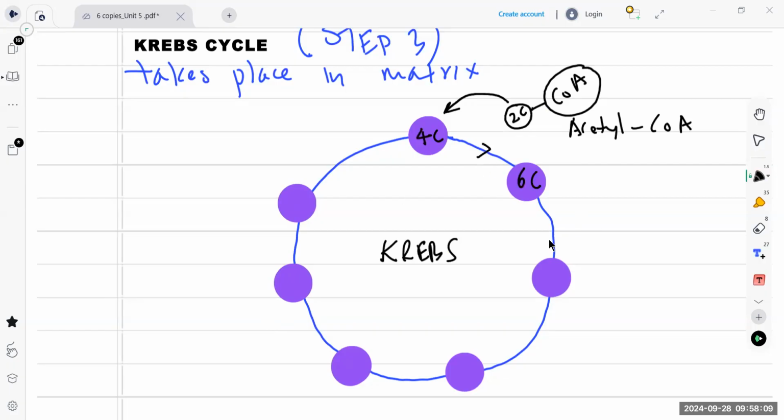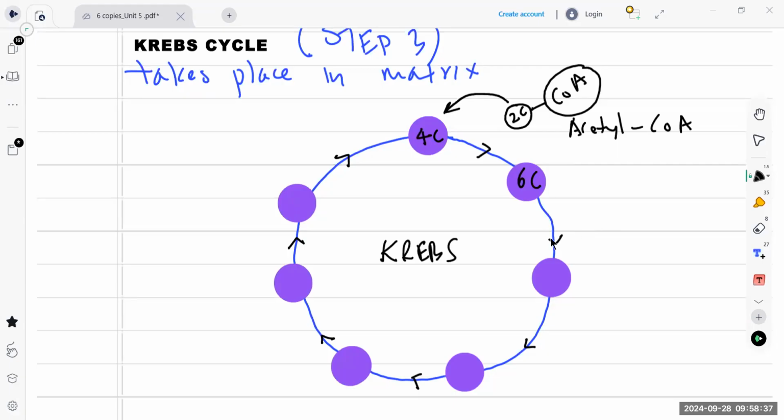The 6-carbon compound then breaks down in a series of reactions to come back to the 4-carbon compound. So what happened to these 2 carbons?